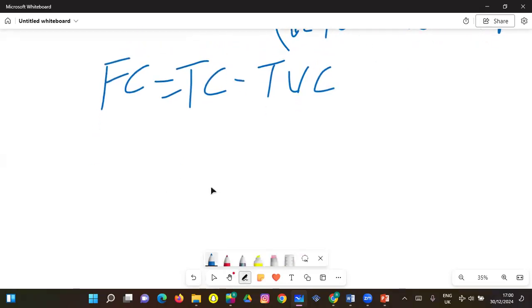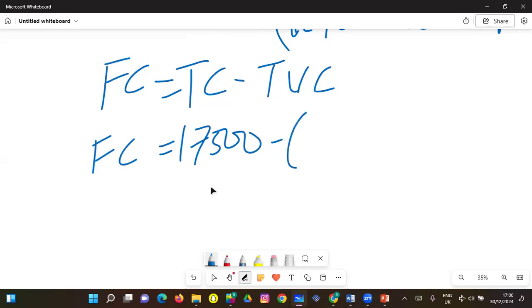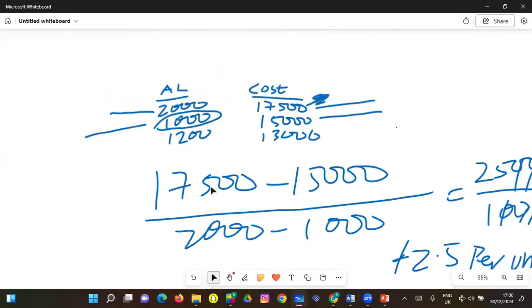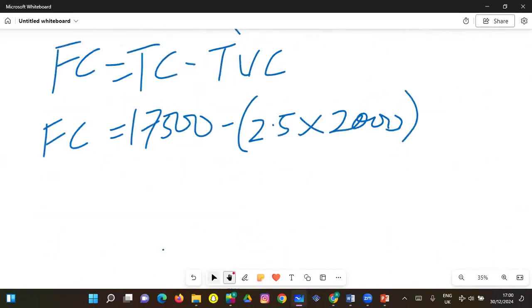FC we don't know. TC was 17,500. And the total variable cost is going to be 2.5 times 2,000, because that's the highest activity level we are using.